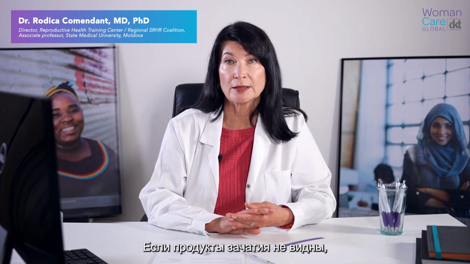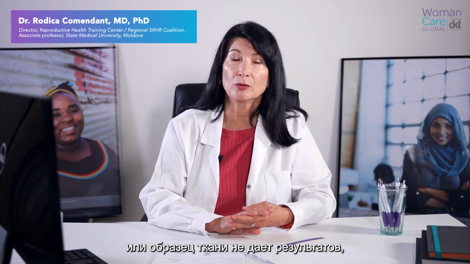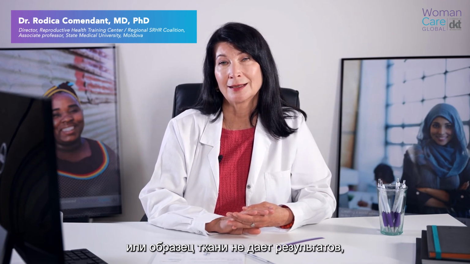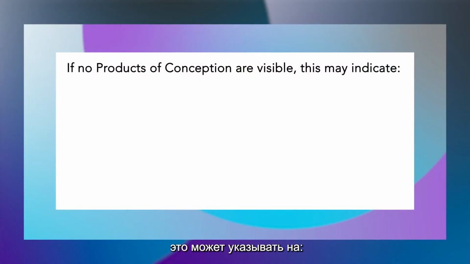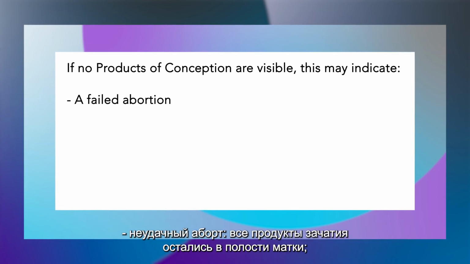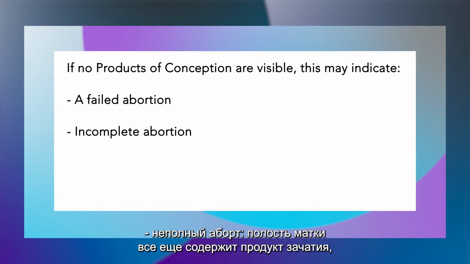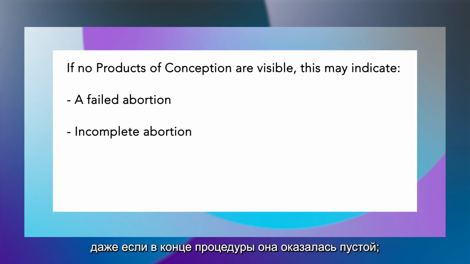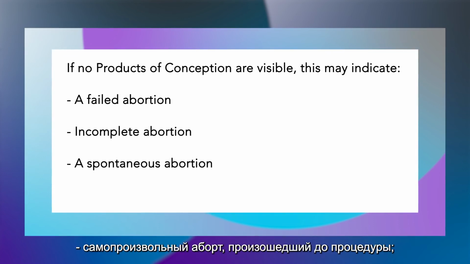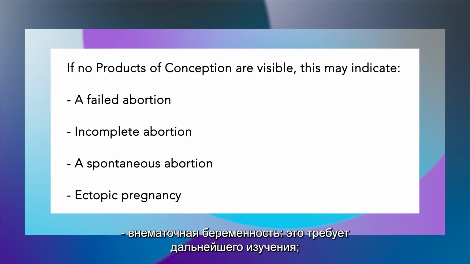If no products of conception are visible, less tissue than expected was removed from the uterus, or the tissue sample is inconclusive, this may indicate the following: a failed abortion, when all products of conception remain in the uterus; an incomplete abortion, where the uterine cavity still contains some products of conception, even if it appeared to be empty at the end of the procedure; a spontaneous abortion that completed prior to the procedure; or an ectopic pregnancy, and this should be further investigated.